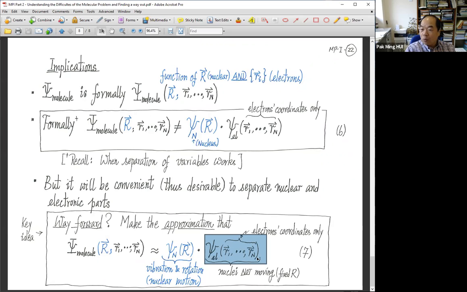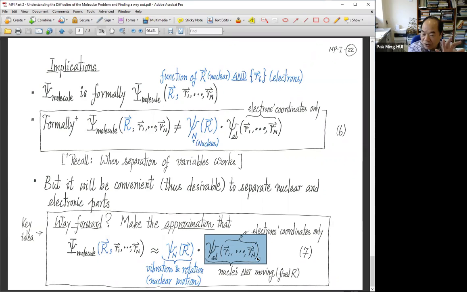So now, at least, in the very last equation, I motivate this strategy that will go through the whole chapter, the whole module, okay? We are going to try to separate the consideration of a rather complicated total molecular wave function into the electron part.